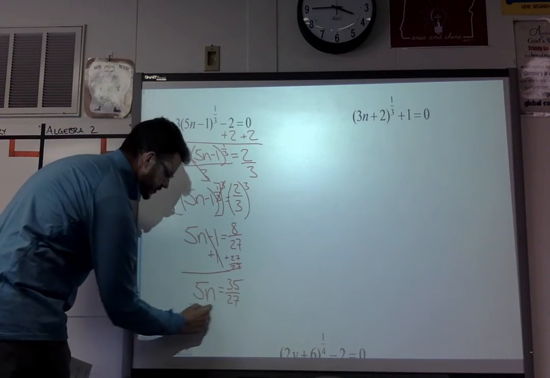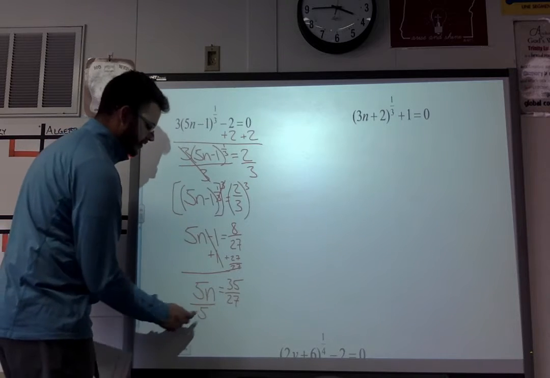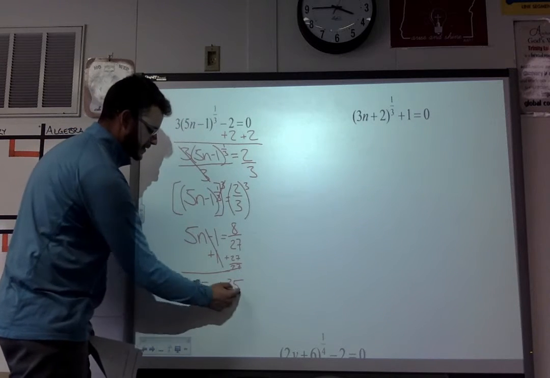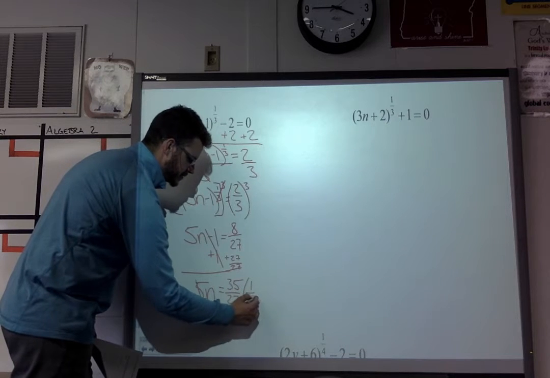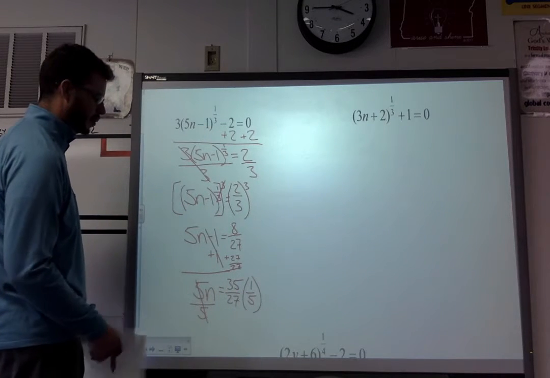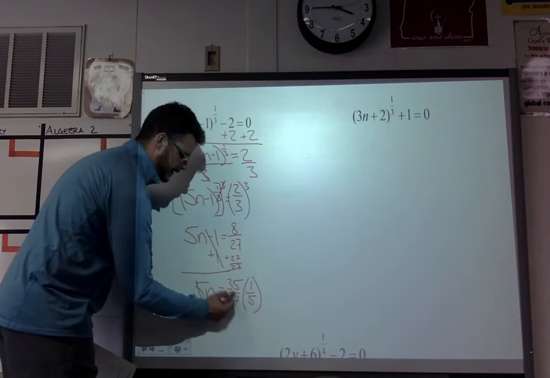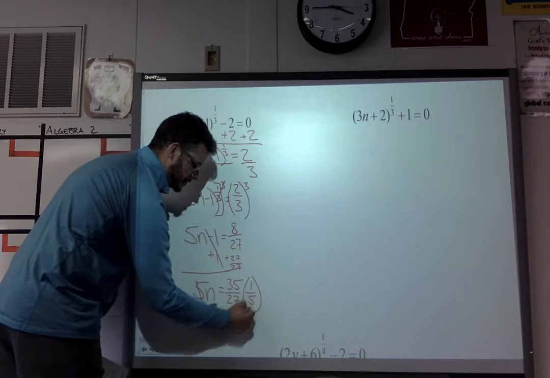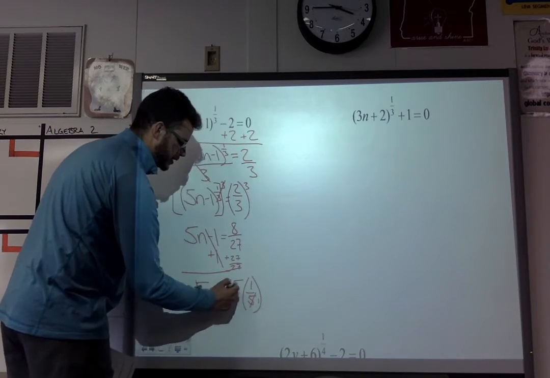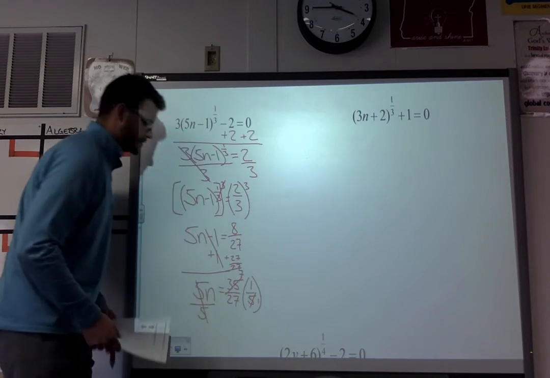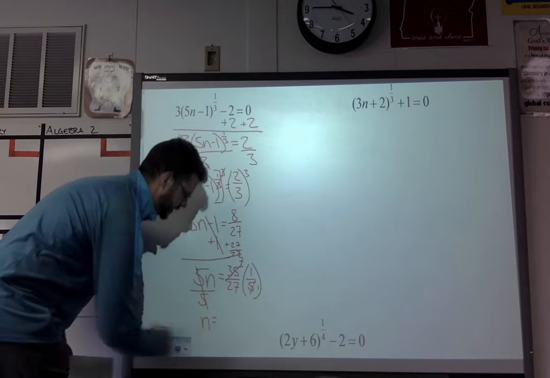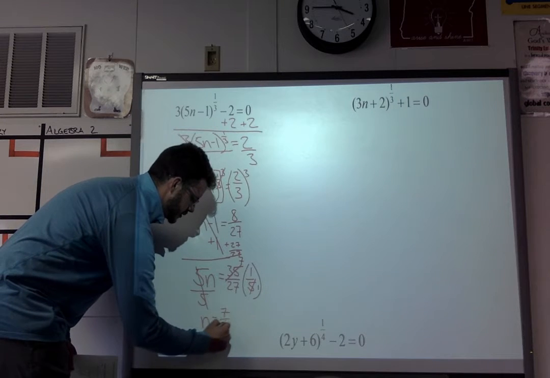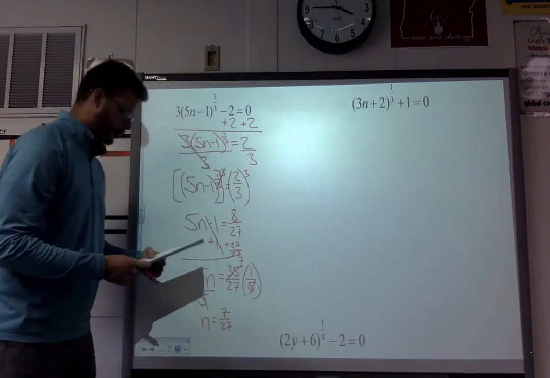Then I'm going to divide both sides by 5. So here that's going to cancel on this side. Dividing by 5 is the same as multiplying by its reciprocal, 1/5. Then I can simplify before I multiply. That 5 is going to become a 1. 35 is going to become 7. And I'm left with n equals 7 over 27.